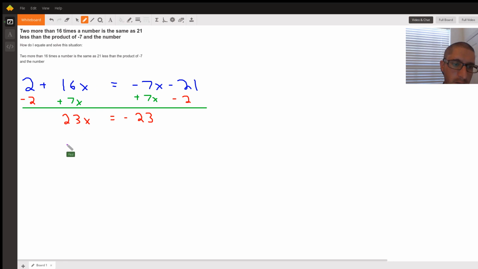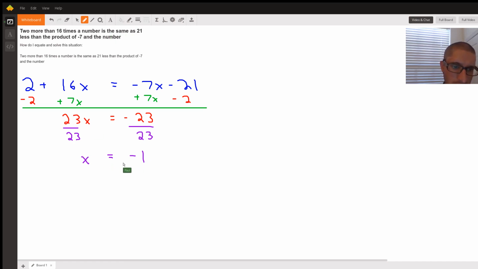So our next step would be to divide by 23 so that we get x by itself. Doing that, we would get x by itself on the left-hand side and -23 divided by 23 on the right side, which equals -1. And that is our final answer.